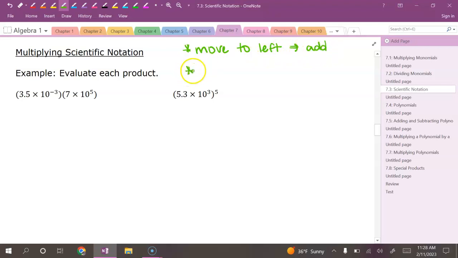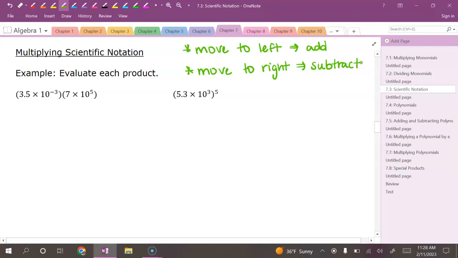If you move to the right, you will have to subtract. These will make more sense once we get into some examples and I can actually show you what I mean by these two little rules that I'm having you write down here.